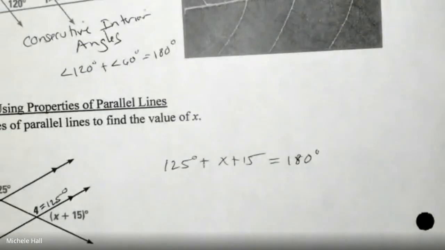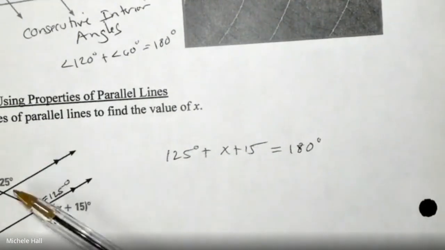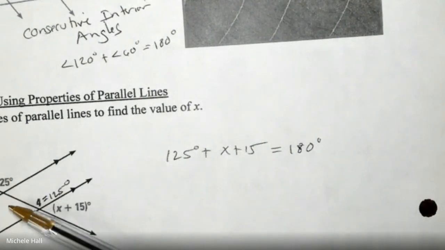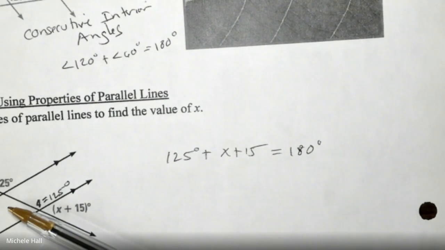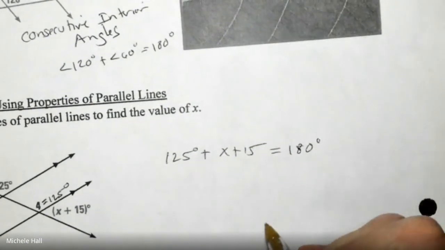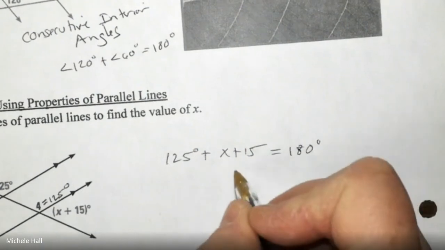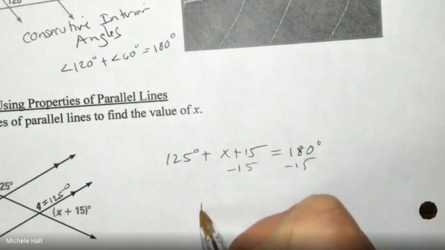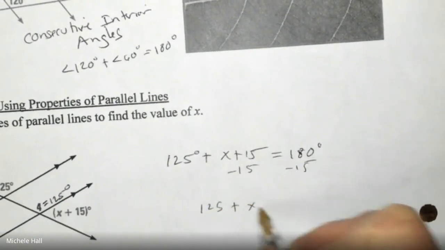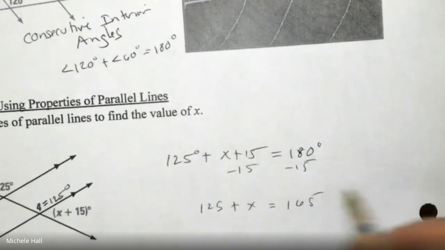Write this down. There's the relationship that I keep talking about, trying to find that equation. They're on a straight line, so we added them up and set them equal to 180. Solve for x. Well, tell me how to start simplifying this equation. What do I do? And now what?